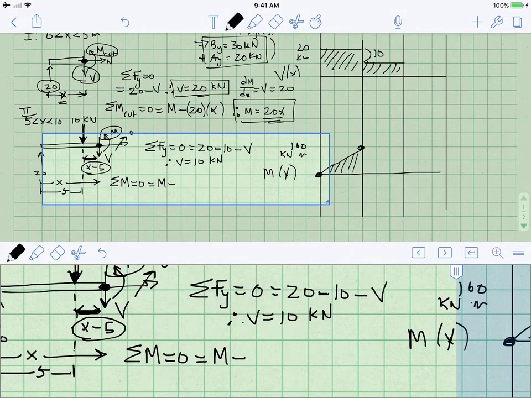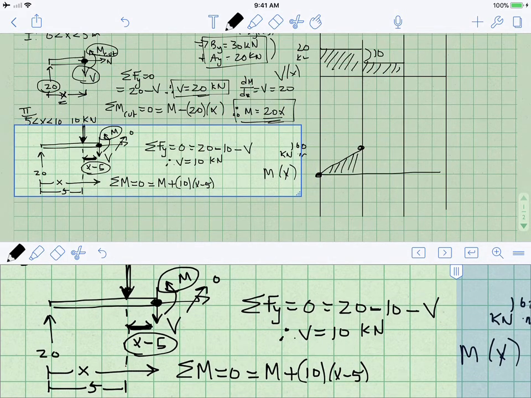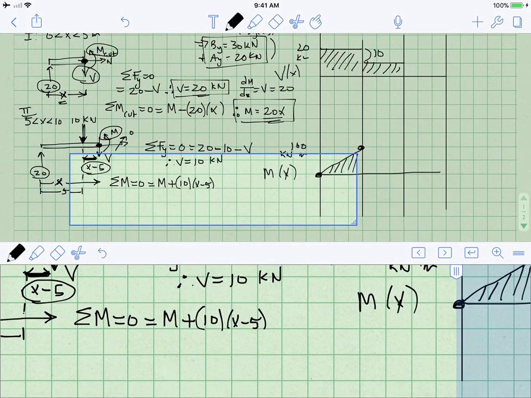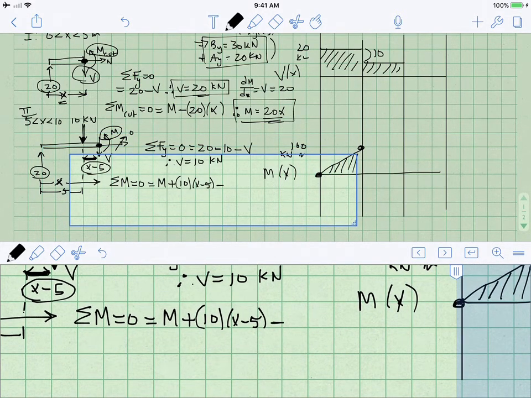So I add a positive 10 times x minus 5, and I move on to the reaction at A. This reaction at A will cause a negative moment. It is x away, and so I write minus 20 times x.